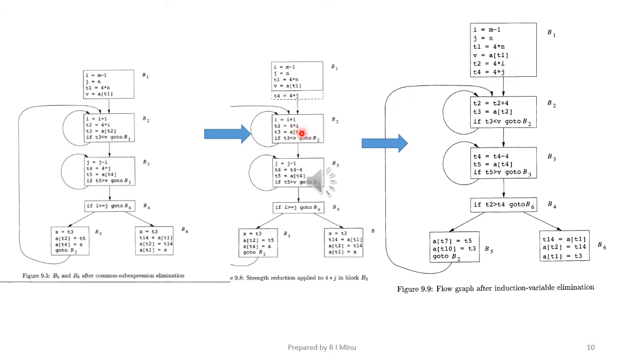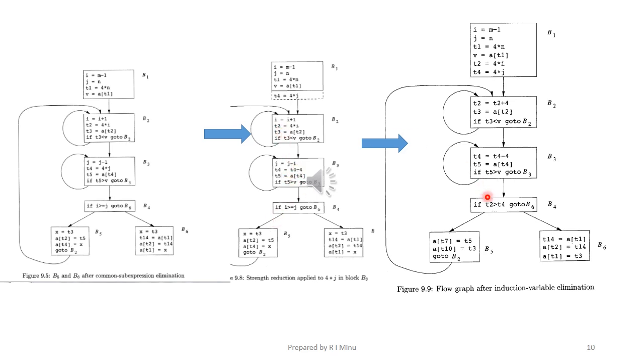For each and every increment, it has been added, and where it has been reduced, it is subtracted. So here T2 plus 4 and T4 minus 4. Why do we need I and J? Here I is not being used, so T2 and T4 actually hold the value.